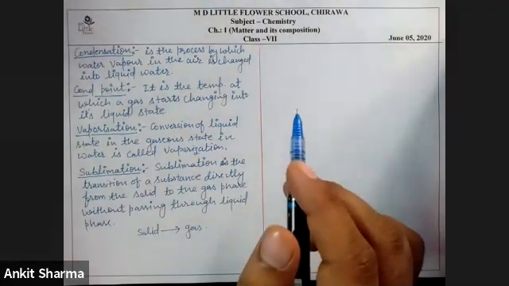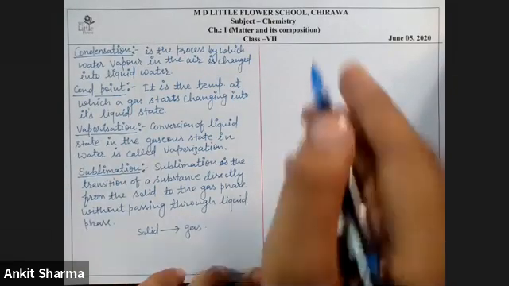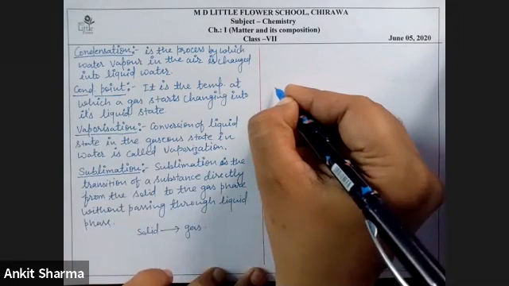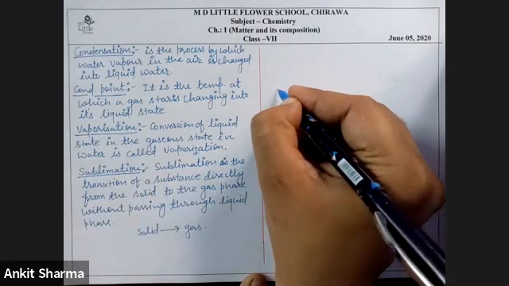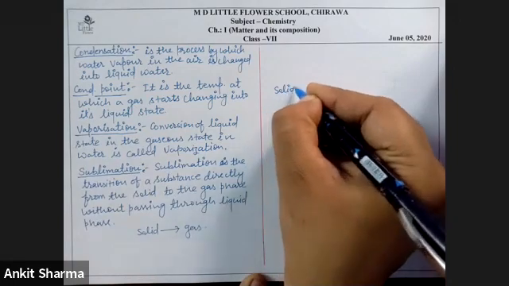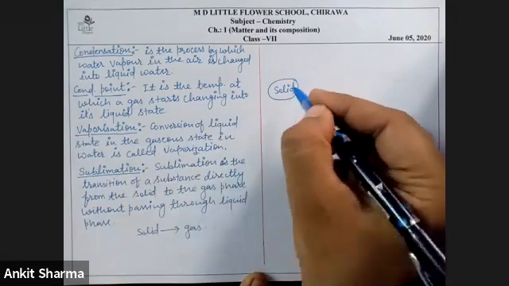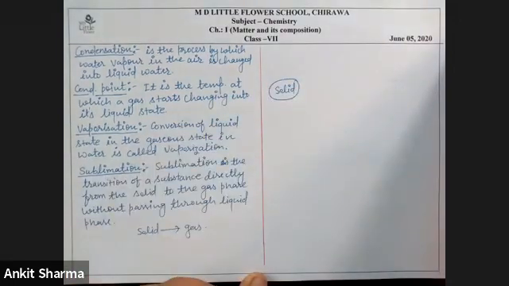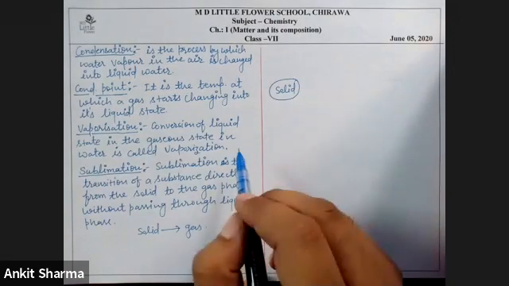Look carefully, beta. If we have one solid material, like we have solid ice, what happens if we melt that ice?